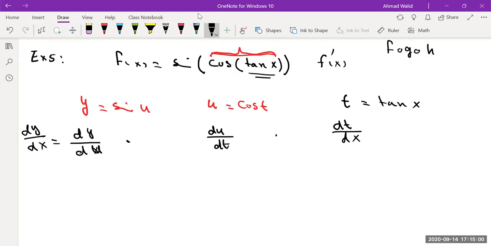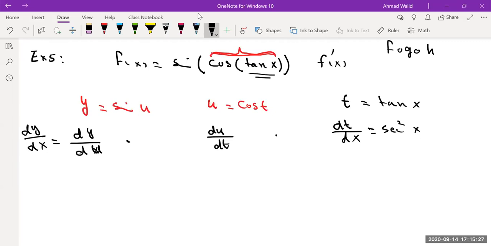Three easy pieces. Okay, what is dt over dx here? What is the derivative of tangent x? The derivative of tangent x is secant square x. Please memorize the table of the derivatives of trigonometric functions. It's not just for this semester. Next semester, calculus 2, and those of you that go to calculus 3, you are using that table all the time, correct?